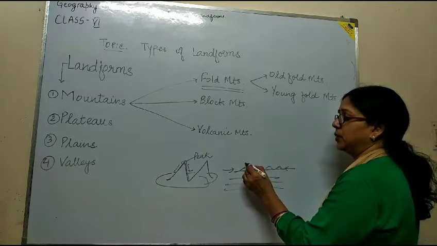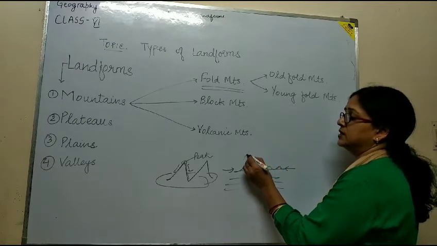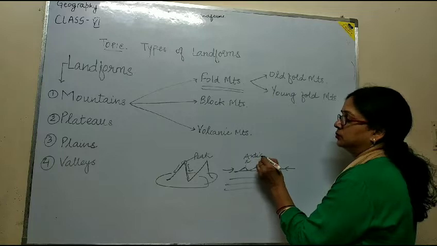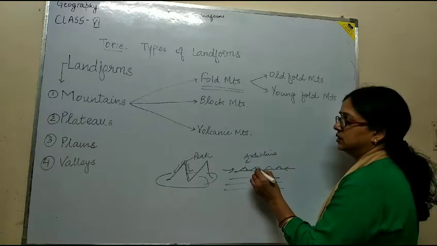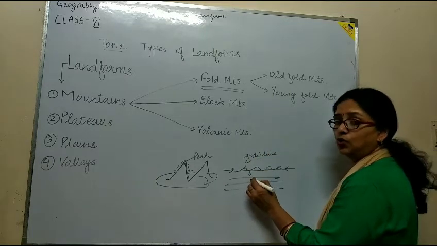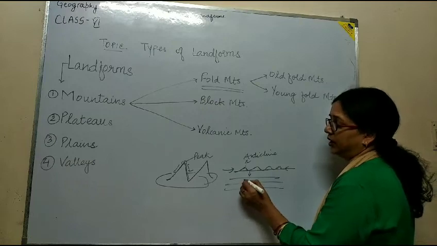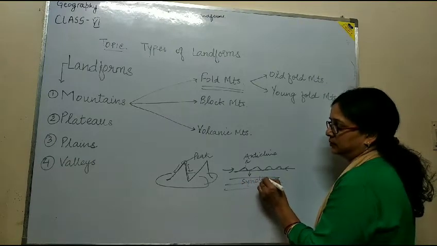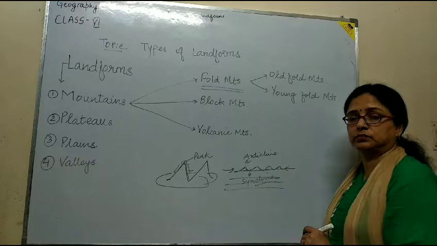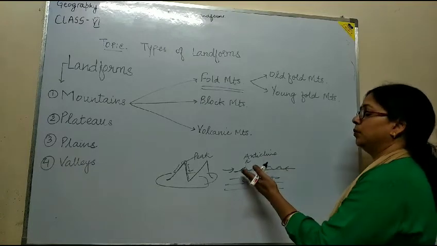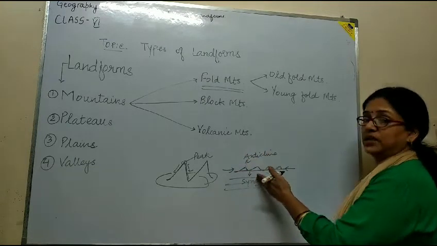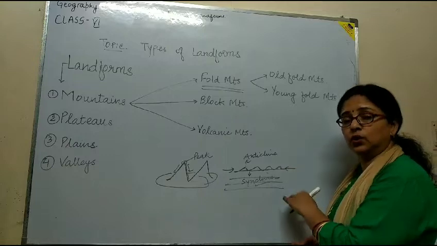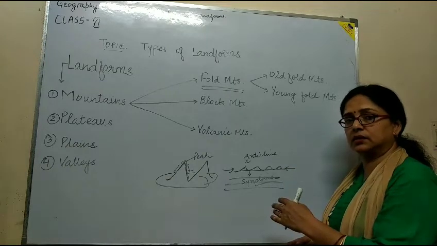The uplifted part is called an anticline, whereas the downfold or trough is called a syncline. So because of this, we get fold mountains, where we find the folds or wrinkles.